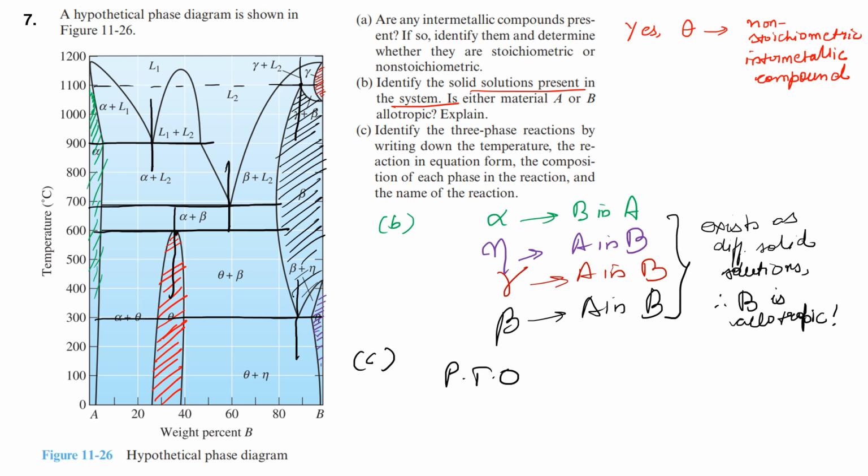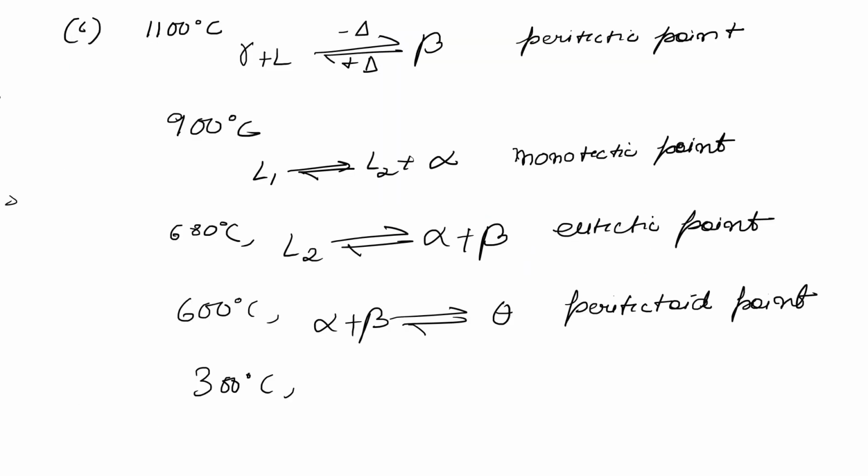So this is a complete beta phase. Beta plus eta is this one, so this is completely beta, as is mentioned here. So beta to theta plus eta. And this is called eutectoid point. Okay. Right.